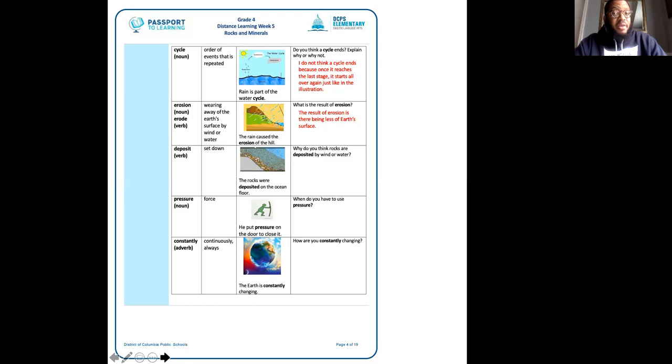Well, if you think about it, what do wind and water both have in common? Yes, they both move, right? So I think that rocks are deposited by wind or water because they are both able to move and carry things from place to place.